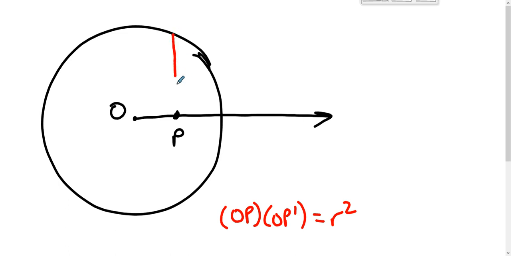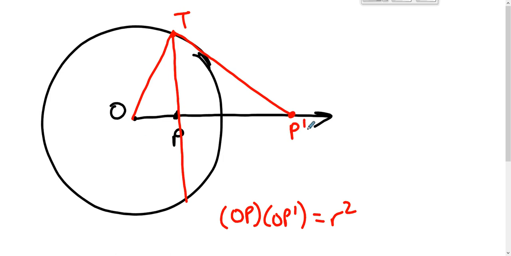You drop the perpendicular to ray OP through P. It hits the circle up here at T, and then you construct the tangent at T, and that tangent intersects ray OP out here. Those are right angles.